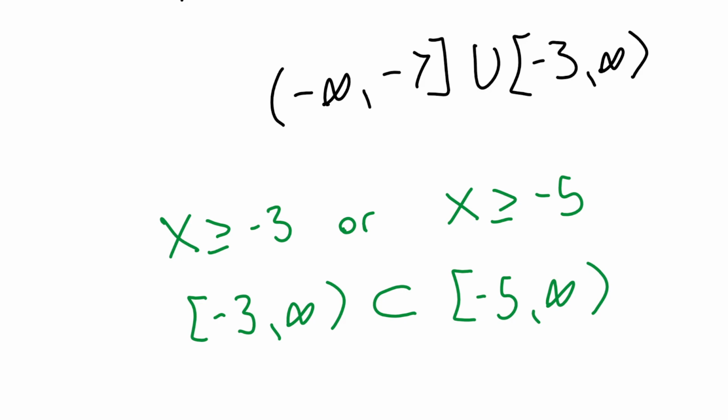So there's really no reason to have both of them. We could just say x is greater than or equal to -5, and that's all we need. It takes care of both of them.